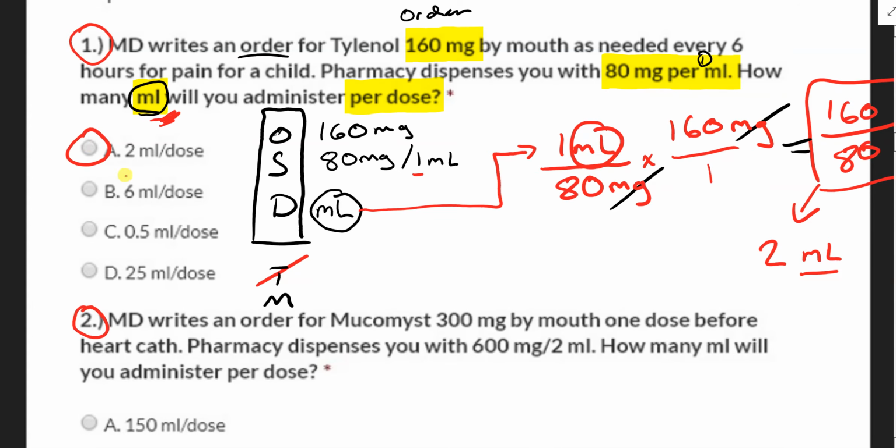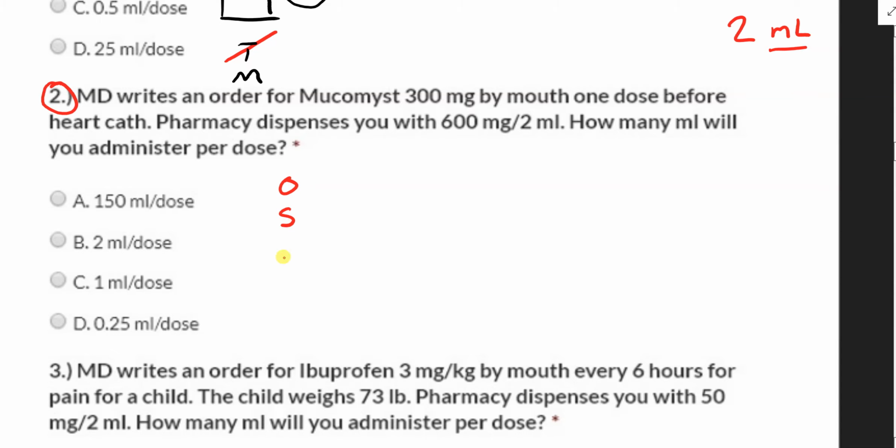All right, let's do another one that's kind of similar. I'm just going to write my O, my S, and my D here. MD orders Mecum 300 milligrams. I'm just going to write that out. Dose before the heart cath. Pharmacy dispenses 600 milligrams divided by 2 mLs. And it's asking me for mLs.